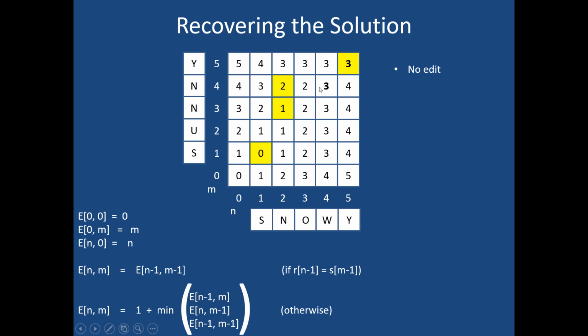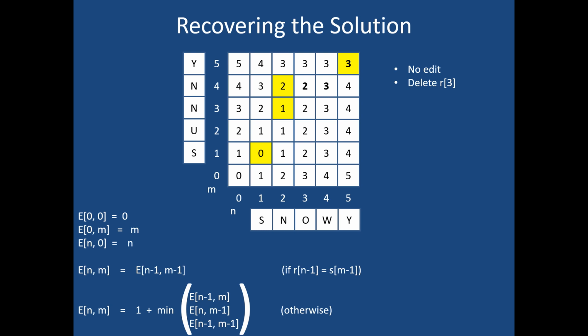What we're basically doing is tracing our way back to the beginning. There are 2 that have a 2. Let's just pick one arbitrarily as where we came from. That corresponds to a deletion. If you go back to where we came up with these 3 operations, one corresponded to deleting a character from R, one corresponded to inserting a character into R, and another corresponded to replacing a character.